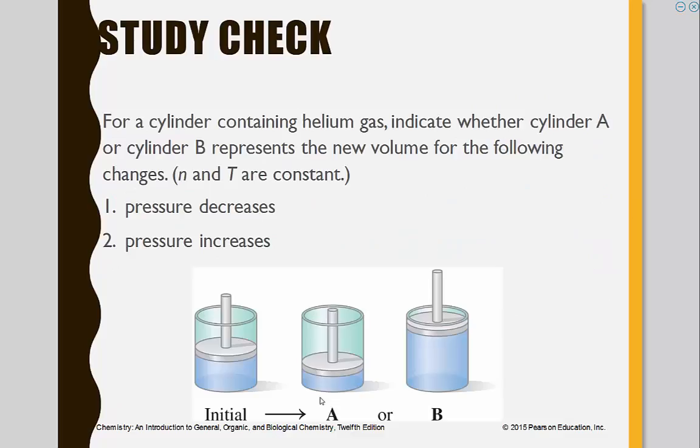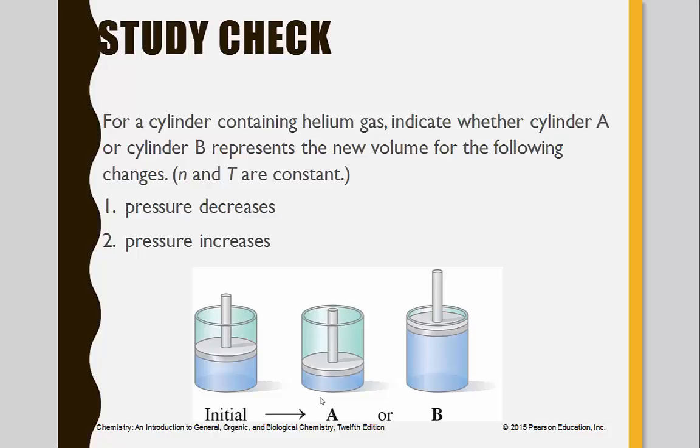Okay, now this is a visual question. For a cylinder containing helium gas, indicate whether cylinder A or cylinder B represents the new volume for the following changes, while the amount of gas and the temperature of the gas stay constant. So here's the initial.